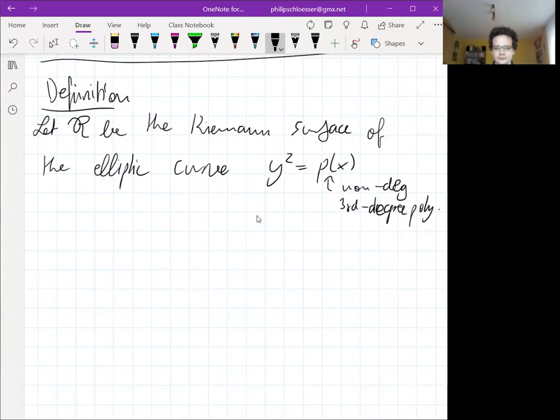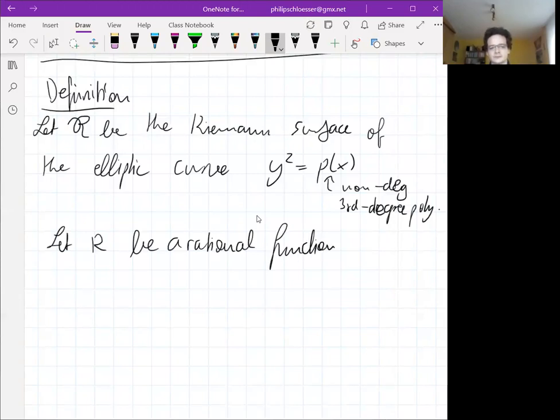Yeah, you can already see that things are coming together now, because we're talking about elliptic curves in order to define something that should essentially be the inverse of an elliptic function. Now let R be a rational function on Fraktur R, a rational function now being defined in terms of viewing this thing as an elliptic curve.